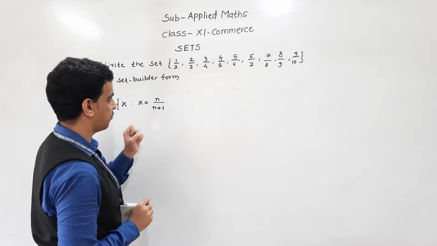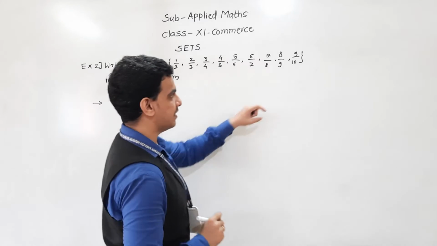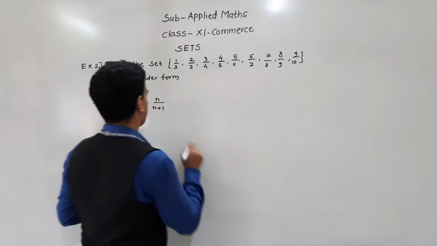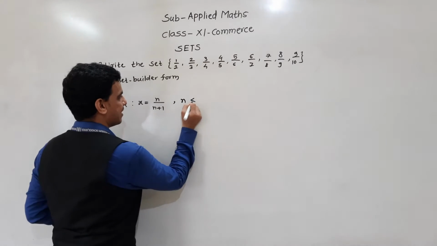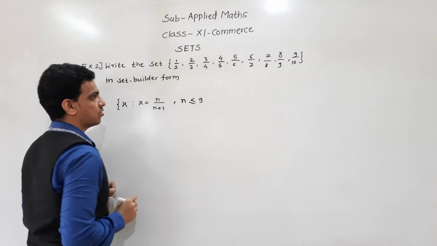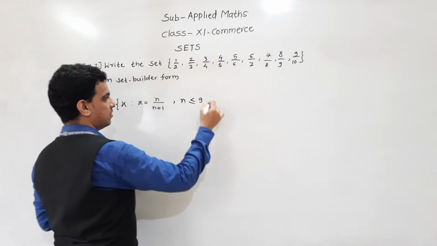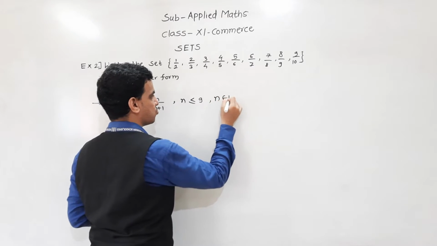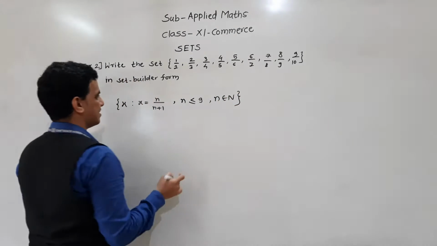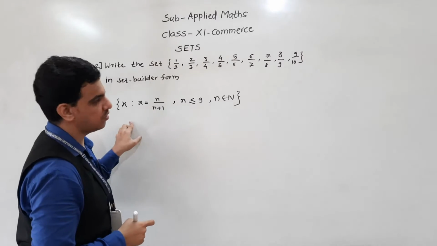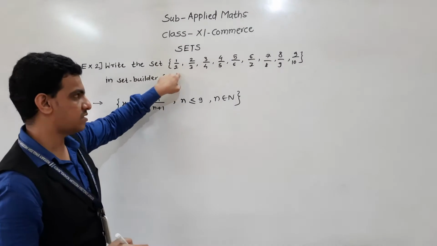Okay, n is starting from 1 and it goes up till 9, so we can write n less than or equal to 9. Okay, n starting from 1, so n belongs to N. So this is the set builder form of this set.